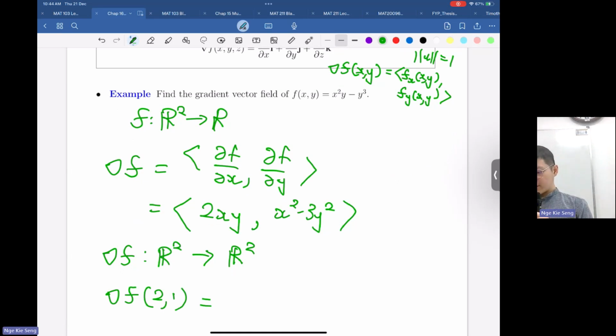What vector do I get? 4, 1. Yes, 4, 1. So it's a vector field. We see the gradient of a function, a scalar field, as a vector field. Remember just now what we did? At each point, we attach a vector to every point.